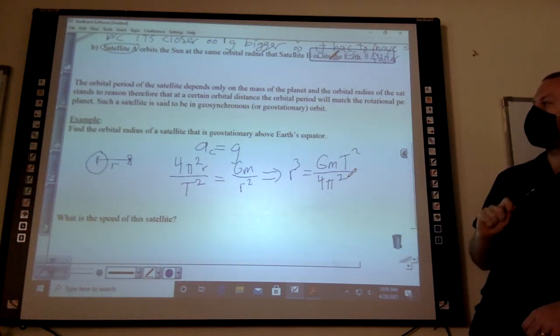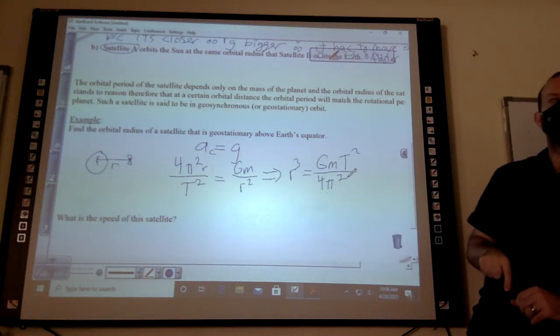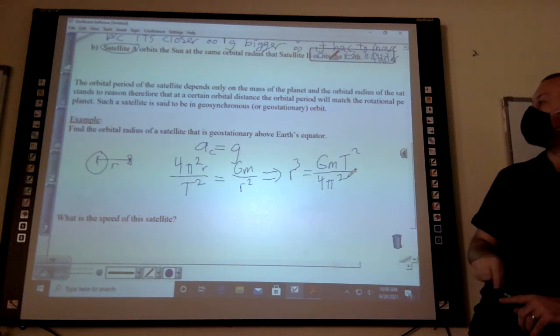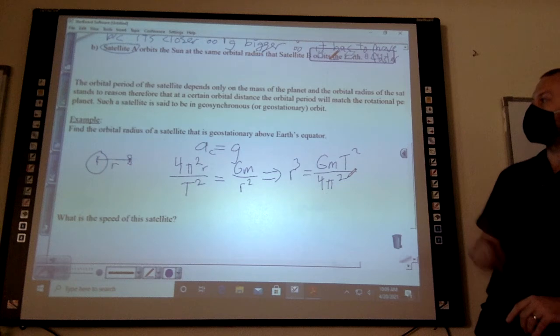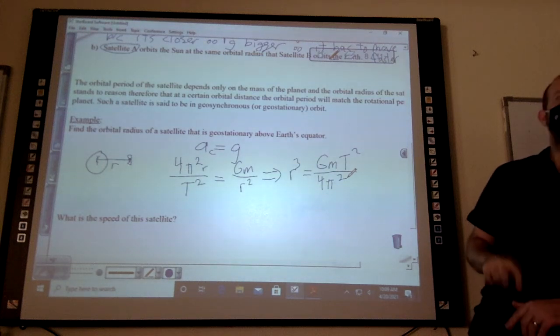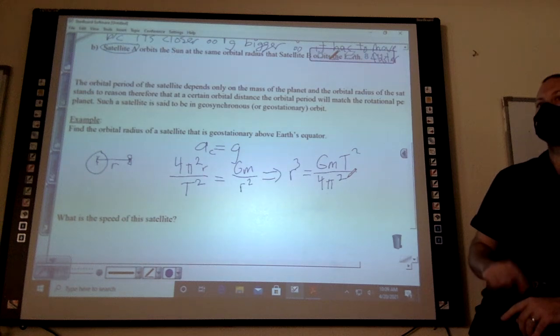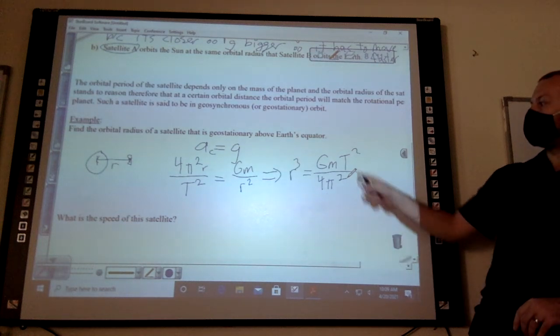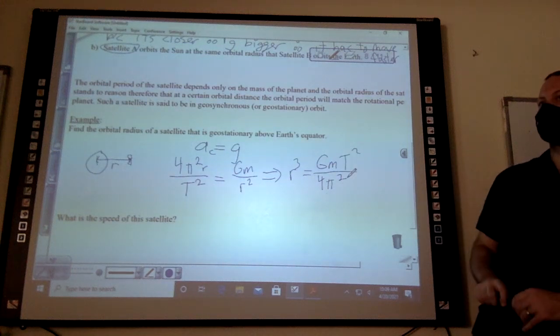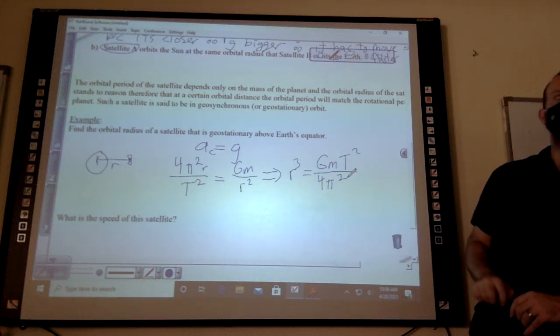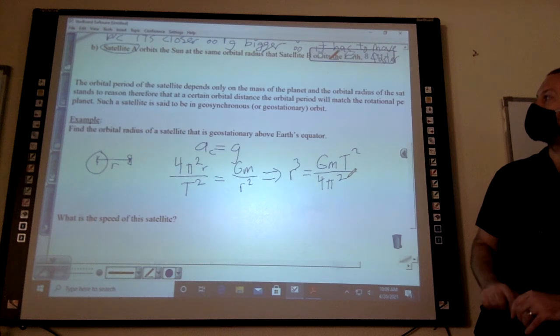What's T? T is not 0, because then the radius is 0. What is T? T is the time it takes to do one revolution.